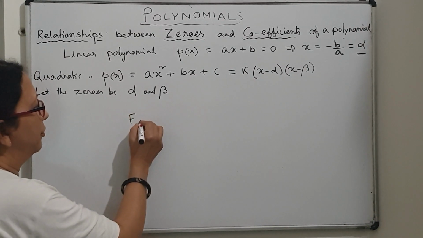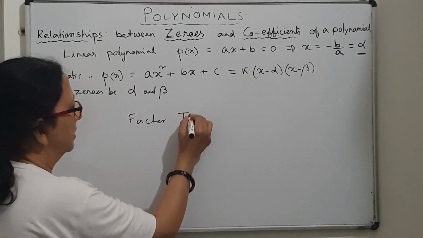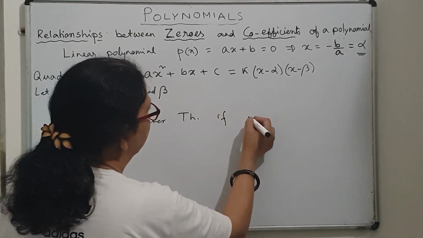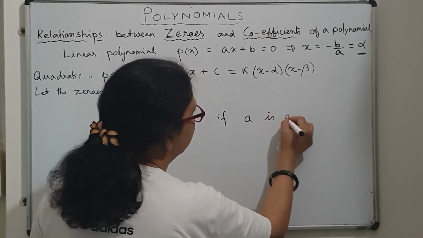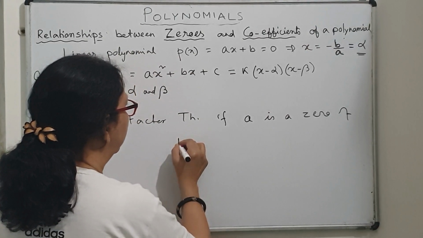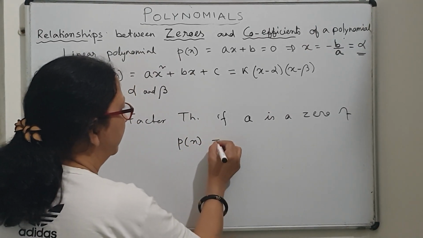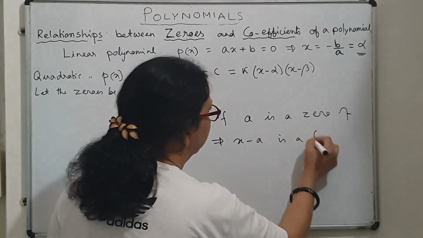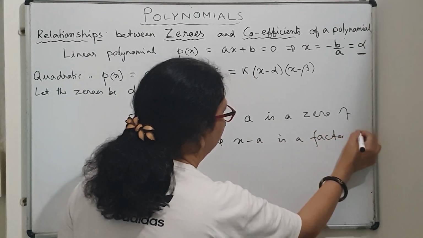The factor theorem was, if a is a zero of a polynomial p(x), then x minus a is a factor of p(x).